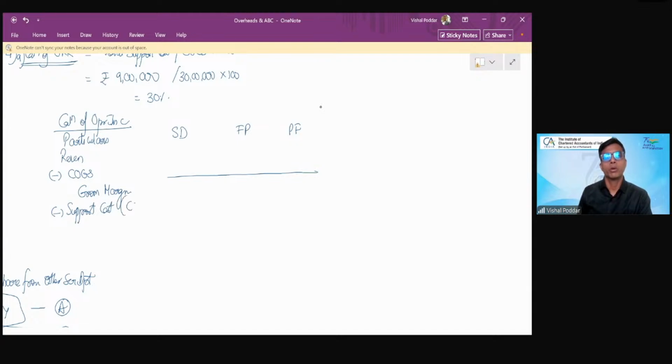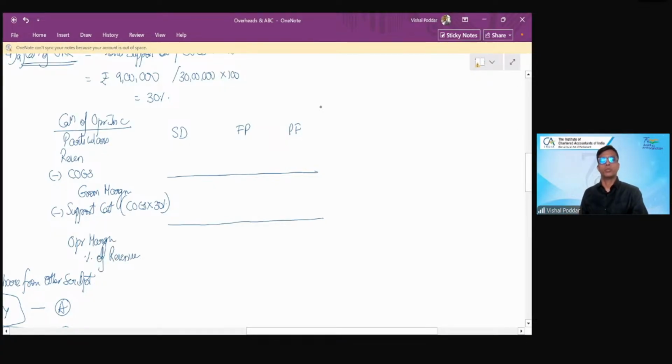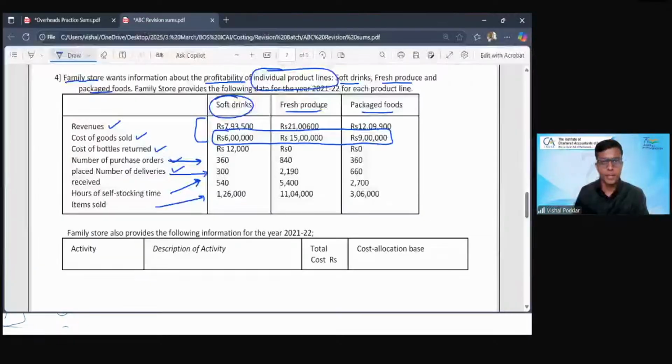How will I get support cost? It is COGS into 30%. This I will get as my final answer, which is operating margin. And then I'll find it out as a percentage of sale, that is percentage of revenue. Correct?